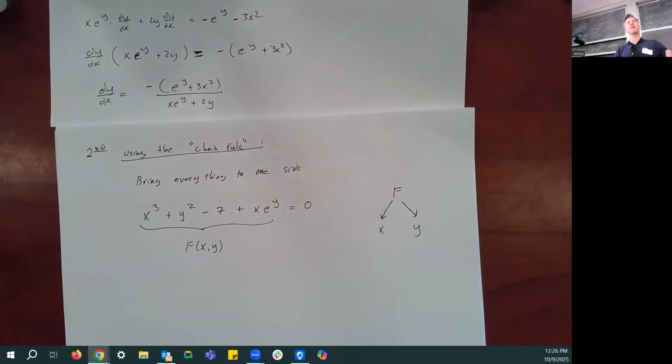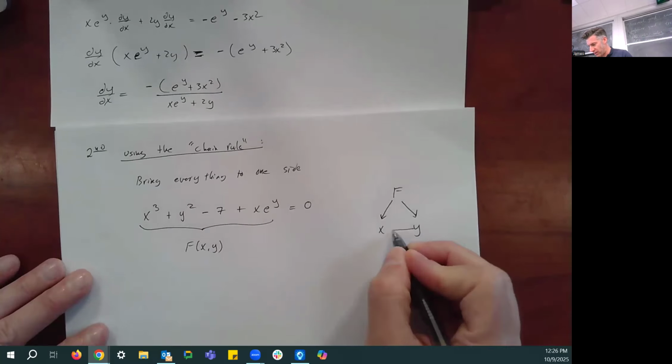However, and this is where things get a little bit weird, what are we trying to find? Again, I know you can't see it, but we're trying to find dy/dx, which means it's also true that y depends on x. So we also have this arrow going this way.